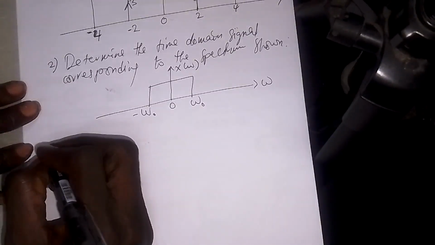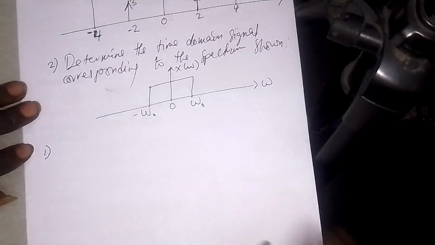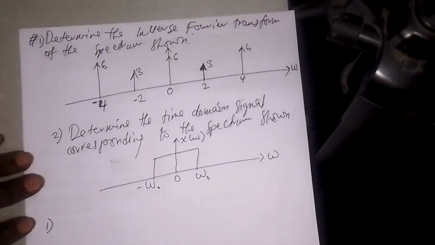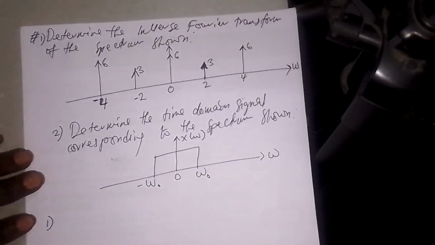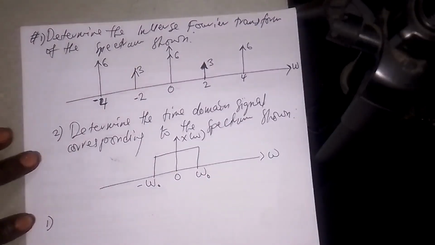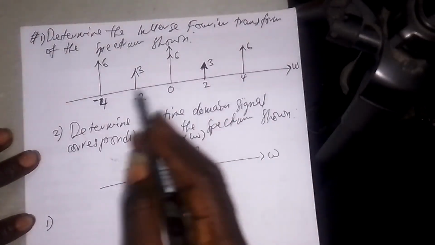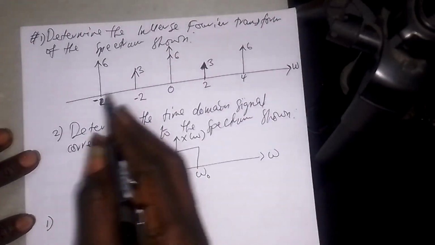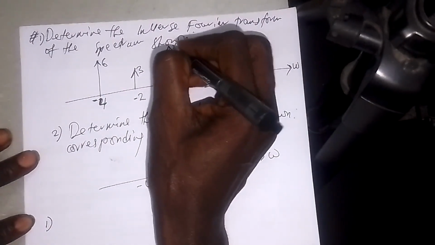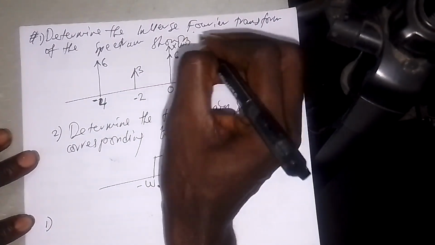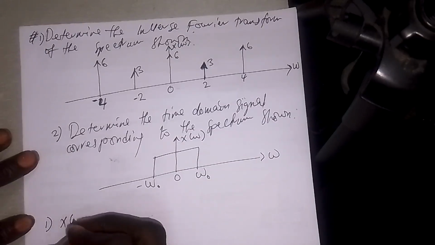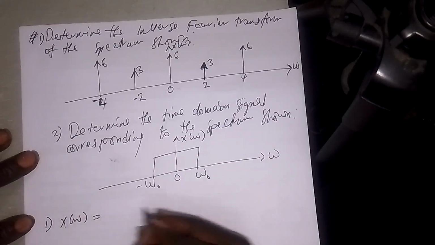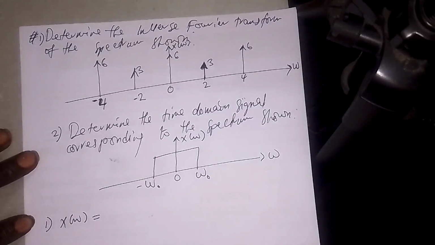So question 1. Here is X of w, which is given to us, and it is an impulse signal.